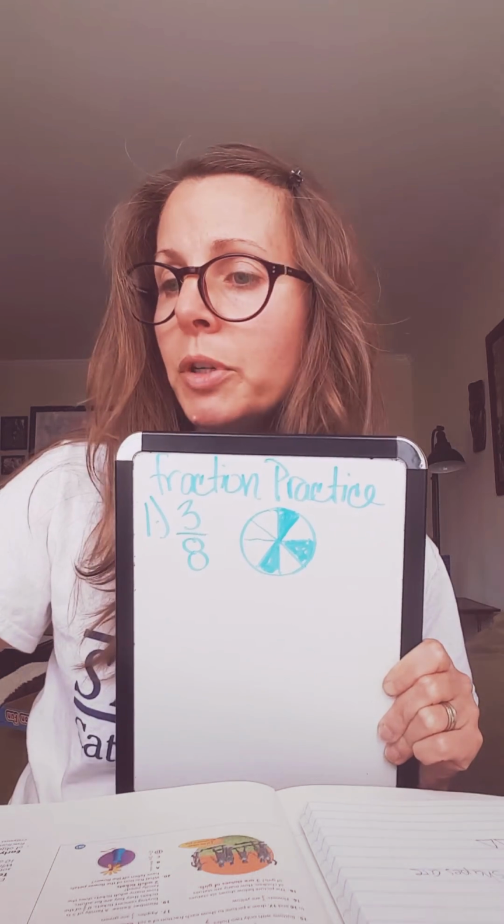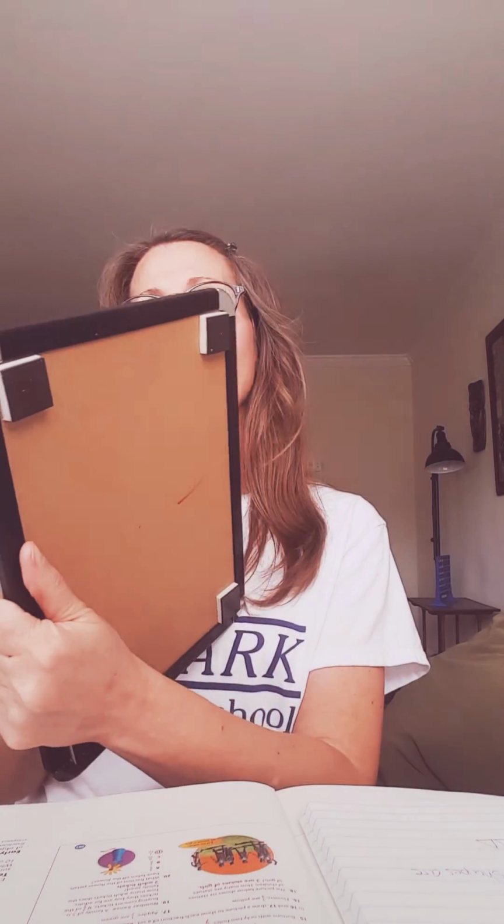Okay, so number 2. You're going to write number 2 underneath your number 1 in your notebook. You're doing this along with me, right? Number 2. This time I want you to show me the fraction 3/5. So write 3/5. And I want this fraction to represent that 3/5 of the fraction are circles.